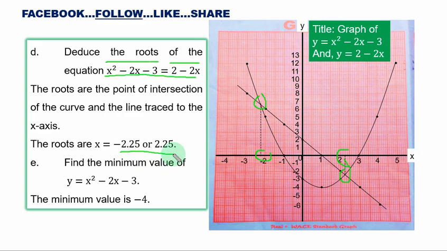Part E of the question: find the minimum value of y equal to s squared minus 2s minus 3. That is the curve. This is the minimum point on the curve. If you trace that point to the y-axis, you have minus 4 as the minimum value.